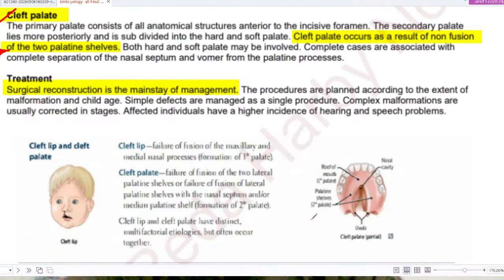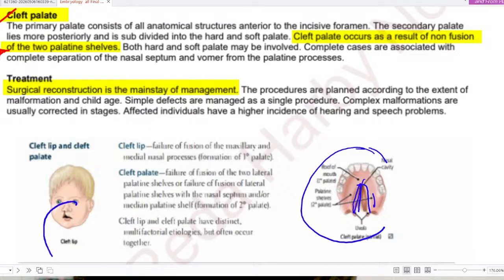One is cleft palate. You can see this is cleft palate. Here there will be a gap between two sides. Normally during embryonic life they remain separate and then fuse together. But if there is any anomaly, then they will not fuse and there will be a gap. This is one, and this is cleft lip.